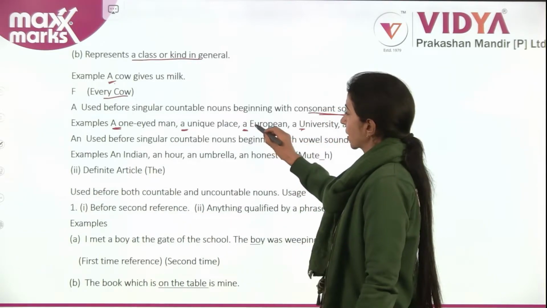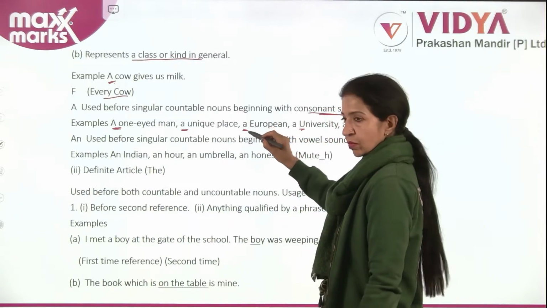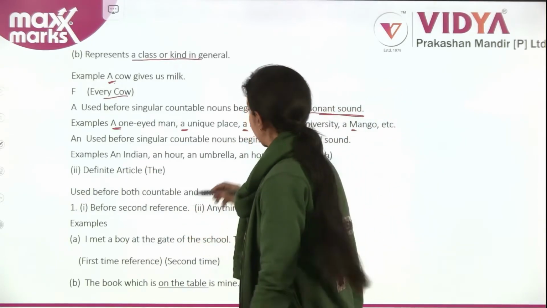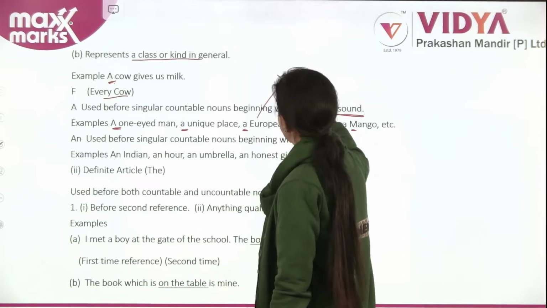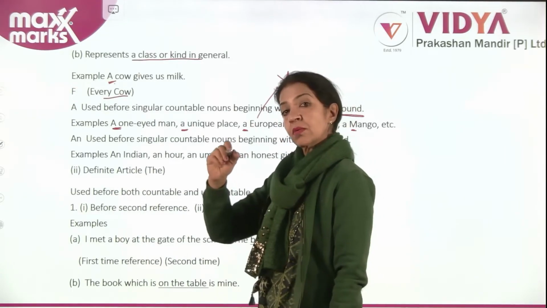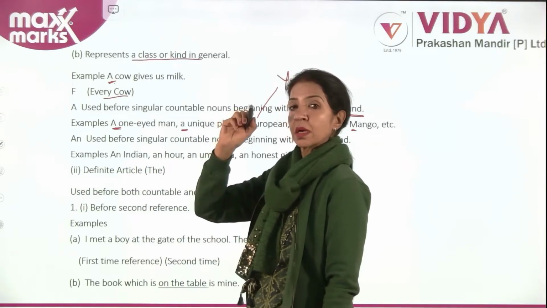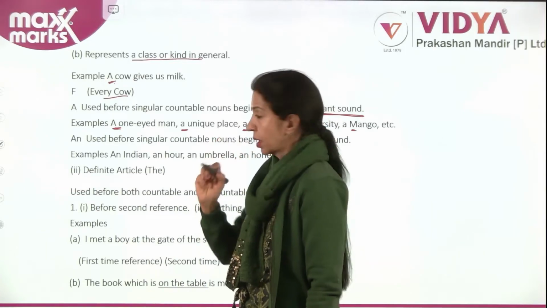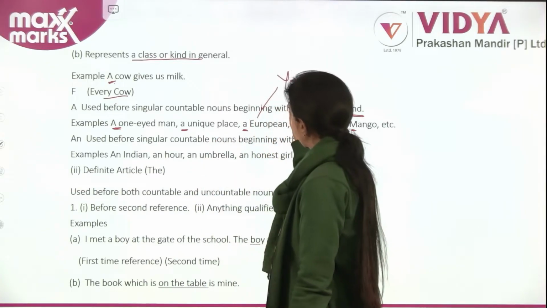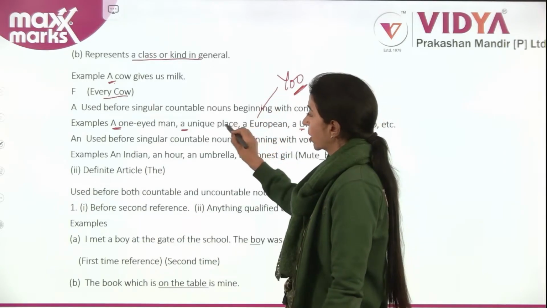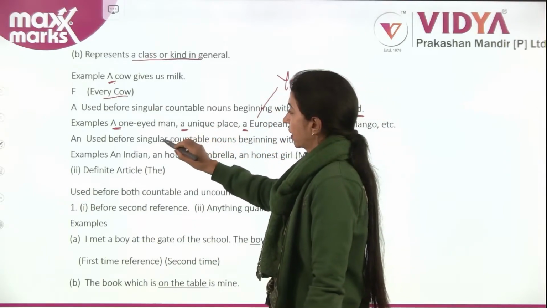Why are we using a? It's because of the sound. The sound of European is like Y-O-O, this sound of U. The same with umbrella, it is a different sound, isn't it? This sound, which sound is it? The U one, Y-O-O. So we are using a and not an.